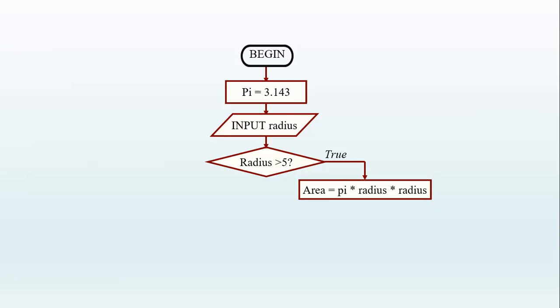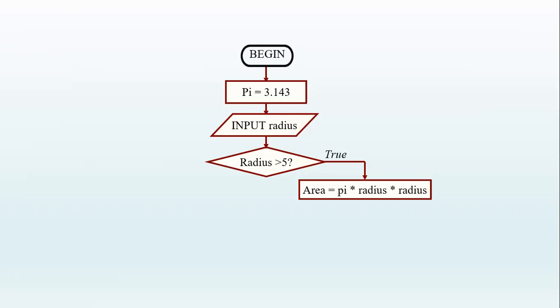In other words, this is how we did this statement, my dear students and the rest of the learners. This operation reads as follows. Pick the content of the memory location called pi. Multiply that value with the value entered as radius, and then multiply again with that same radius, and assign the results to the memory location called area.